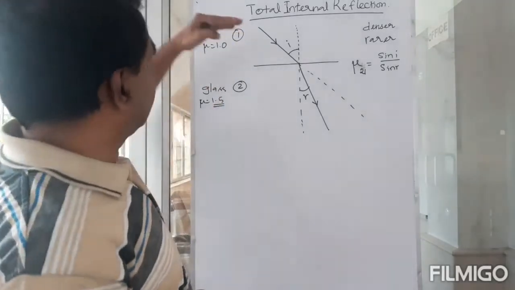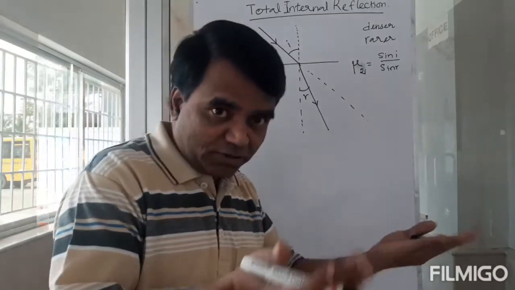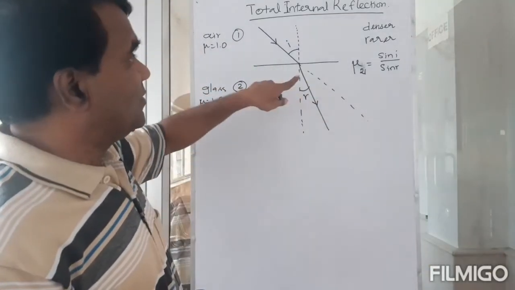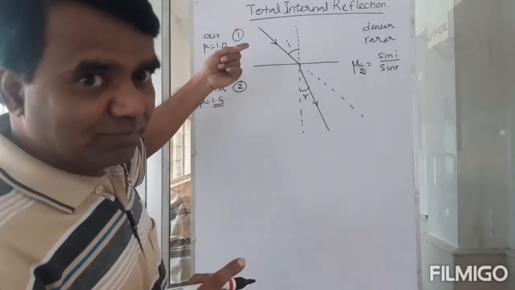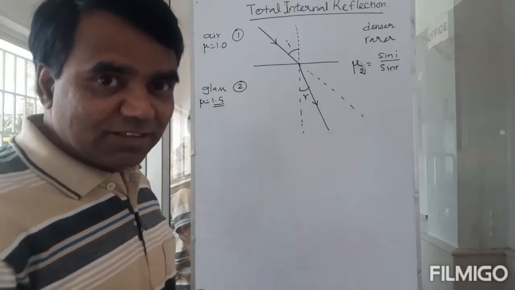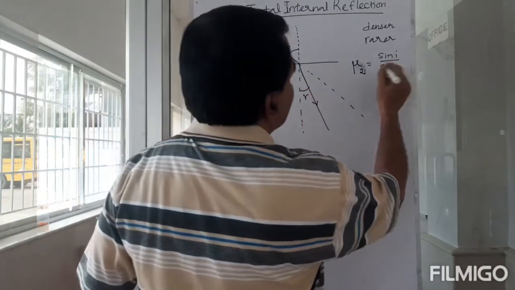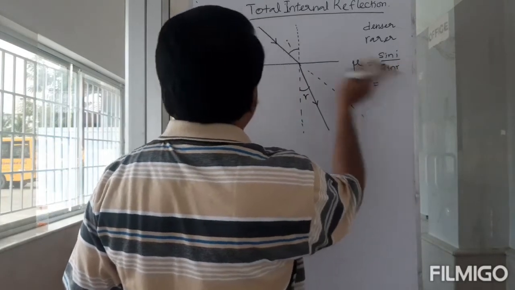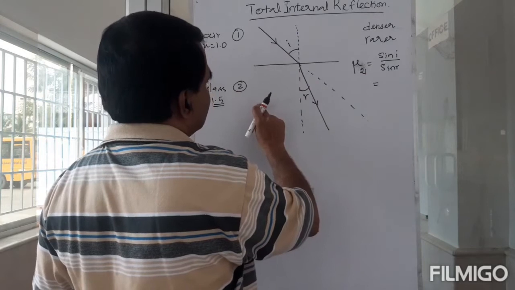Suppose this was water and I have kept a glass inside water. Then it will be the refractive index of glass with respect to water. That would be a different value. What is this actually? I told you that this is the ratio between the speed here divided by the speed here.